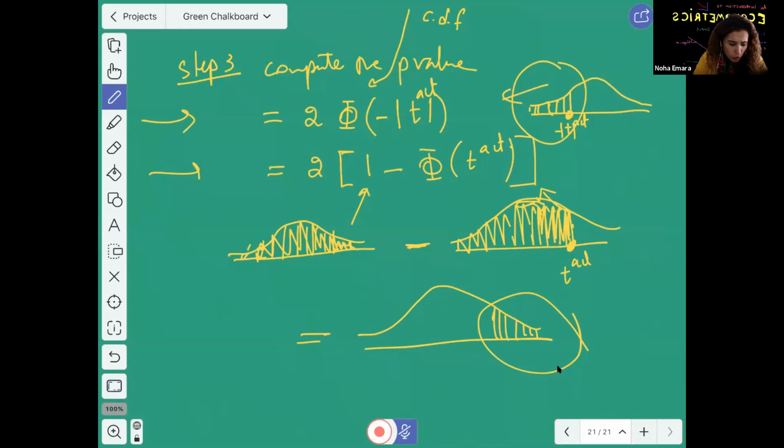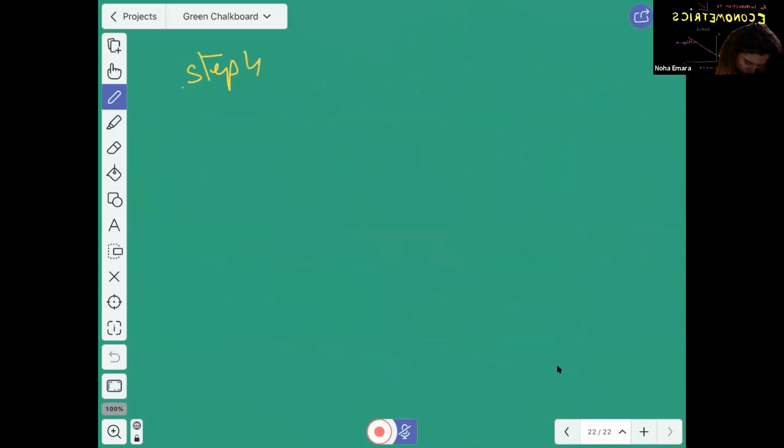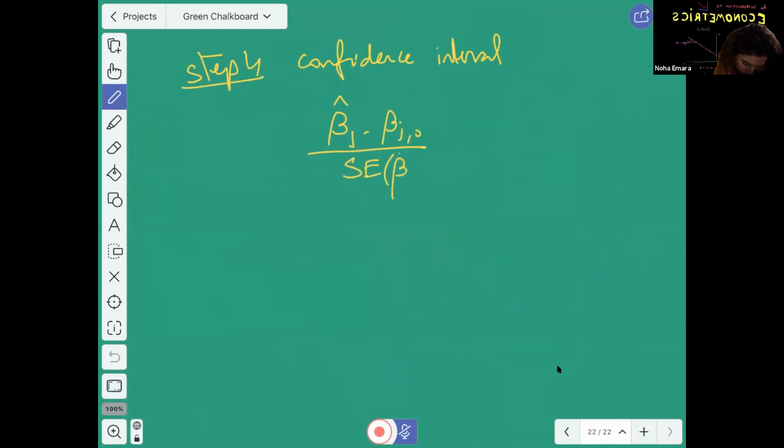You can actually also do the confidence interval. So let me add here the confidence interval also, as step 4. Okay, so what is a confidence interval? I'm going to take beta hat j minus beta j under the null over the standard error of beta hat j, and I know that it's greater than a certain critical value and less than a certain critical value, right?